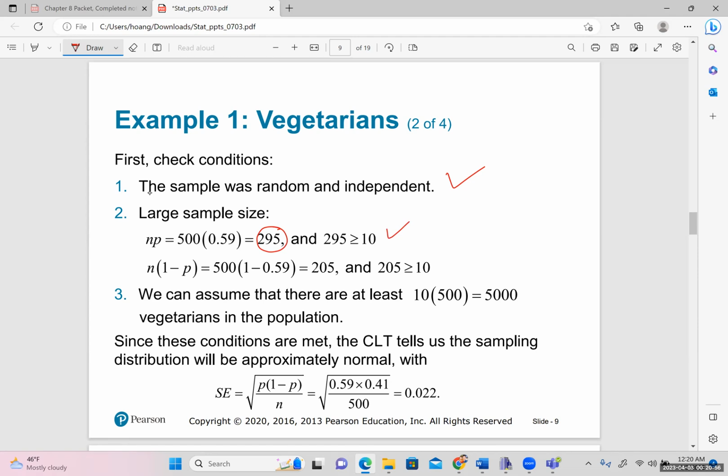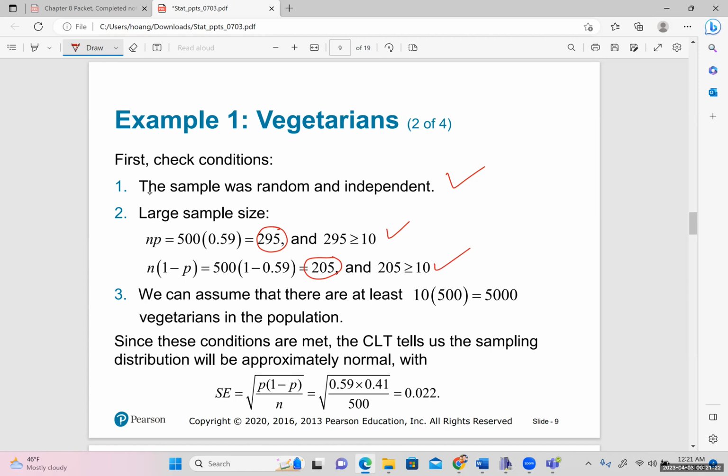And then, in the other way, you multiply by the proportion of failure. So n times (1 minus p) is 500 times (1 minus 0.59). That gives you 205, and it's also greater than or equal to 10. That's good.